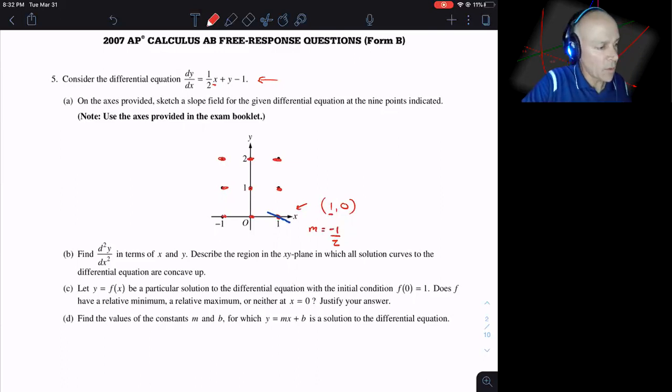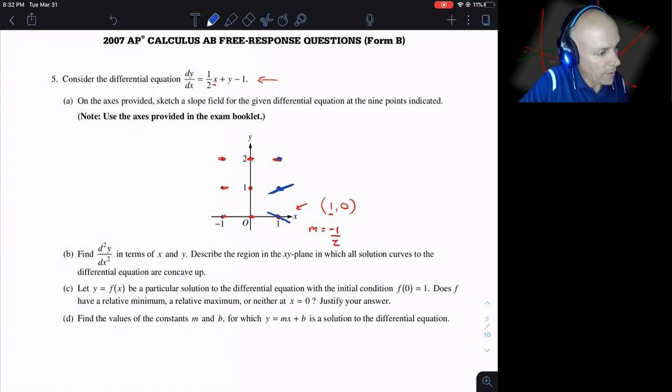If I lather, rinse and repeat for each one of these others, I'll do this one next. That has coordinates of 1, 1. If I plug that into my differential equation, it's going to be 1/2 plus 1 minus 1, so it should have a slope of positive 1/2. So I'm just going to sketch it, positive 1/2.